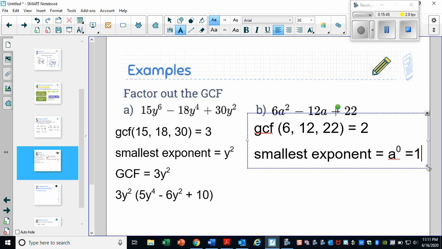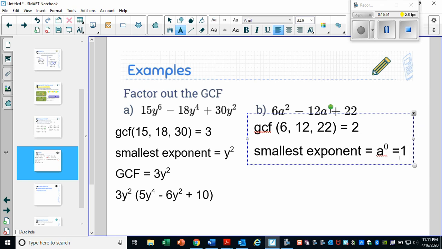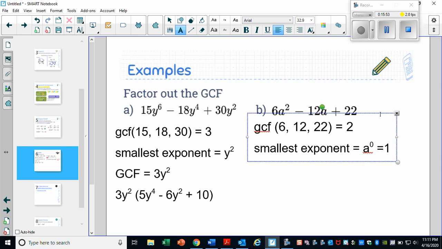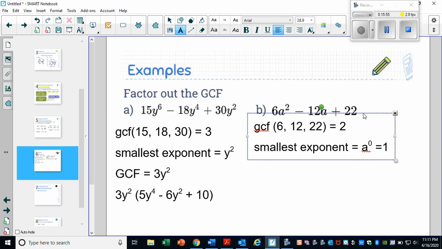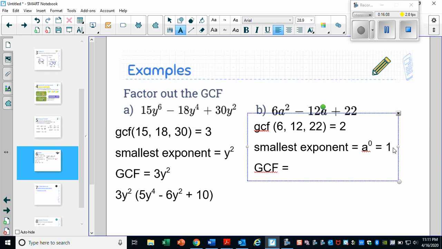You don't have a variable in this case because of the last term. That's why the smallest exponent, a to the 0, is 1. So your GCF of the overall polynomial is just 2.